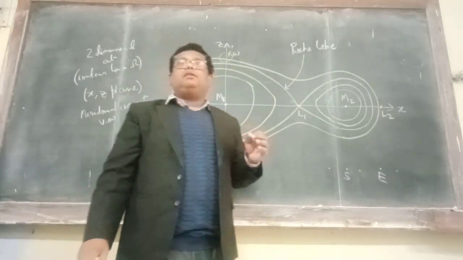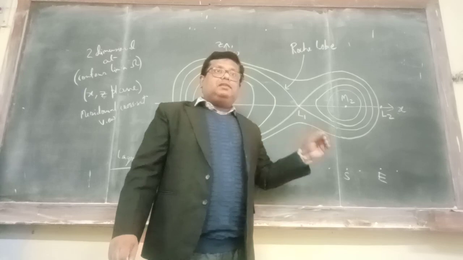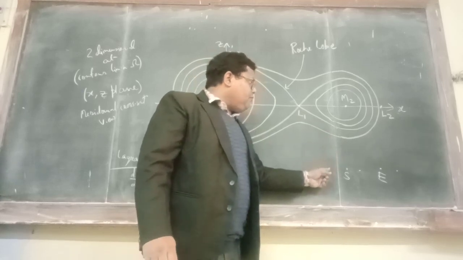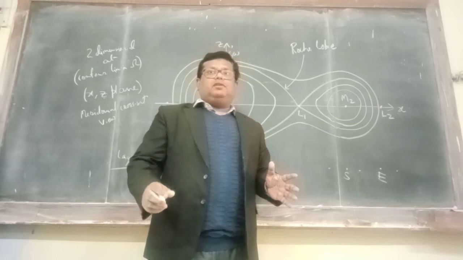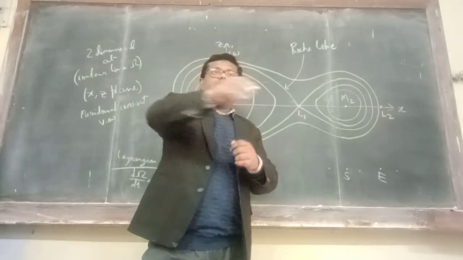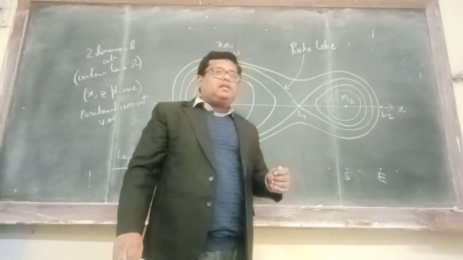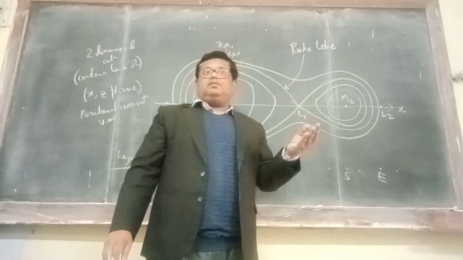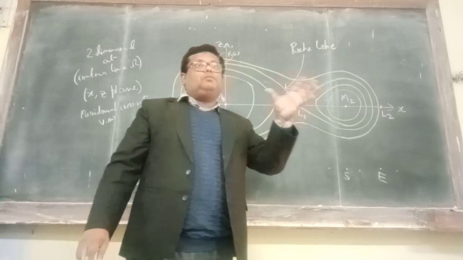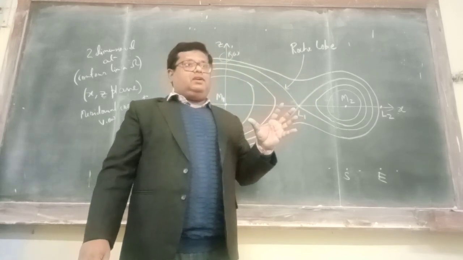Now what will happen at those Lagrangian points? There the entire effect due to these two bodies will be overall 0, taking into account that the Earth is moving around the Sun. So this means that we can put satellites, not just satellites, space observatories.